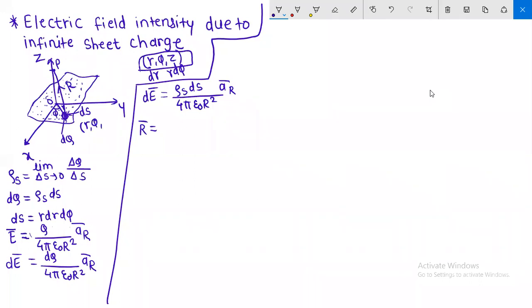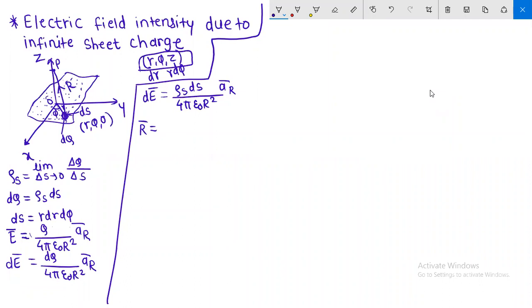And what about z? Is z present at point ds? No, because this sheet is placed in the x and y plane only. Therefore, z coordinate is 0.